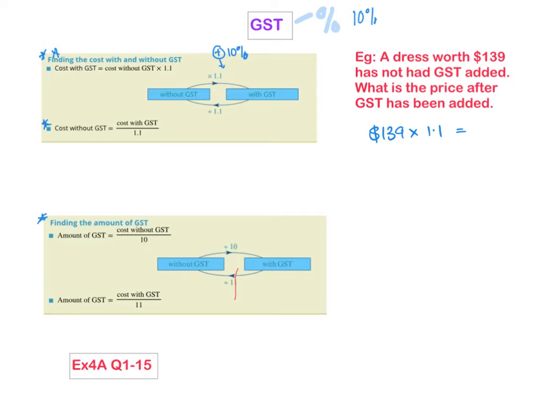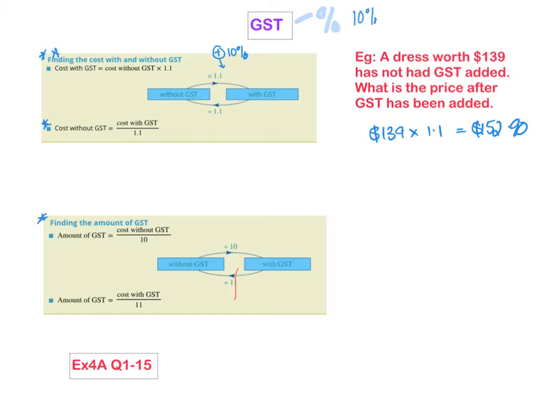Okay, so you can do that on your calculator if you like. 139 times 1.1, and so you got 152 point, what was it, 90. Okay, all right, so GST is pretty easy.